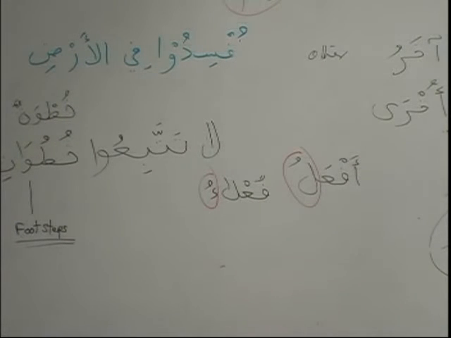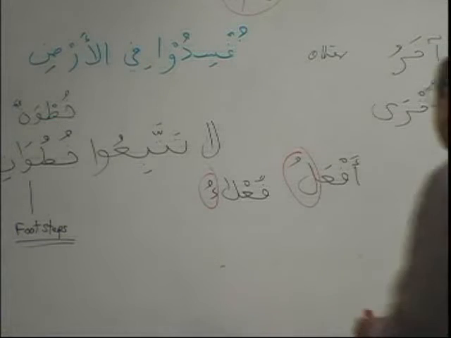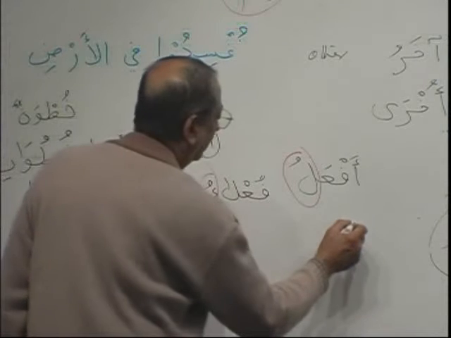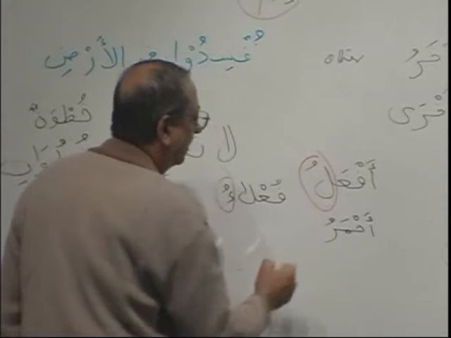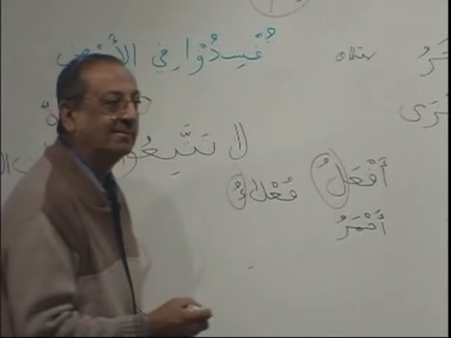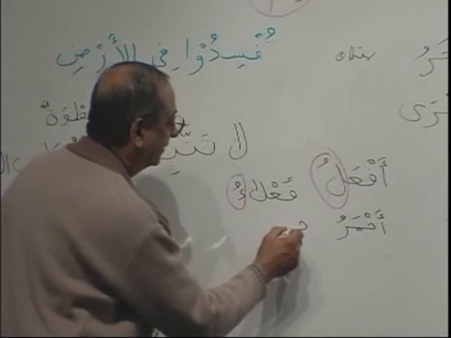Okay. Now, if you were to say ahmara, it will become hamra'u. Are you with me? I will write down again. Let's try to do something. Ahmaru will become hamra'u.